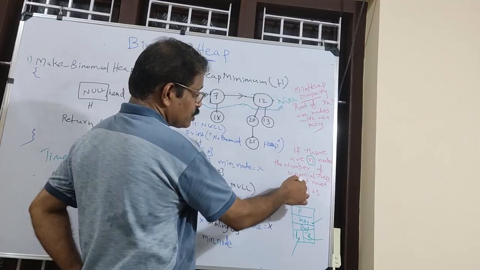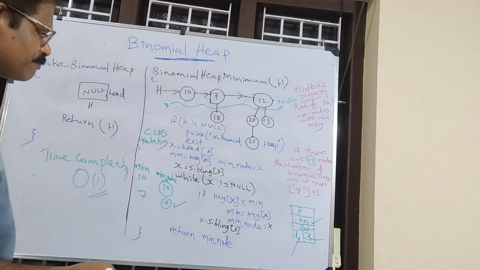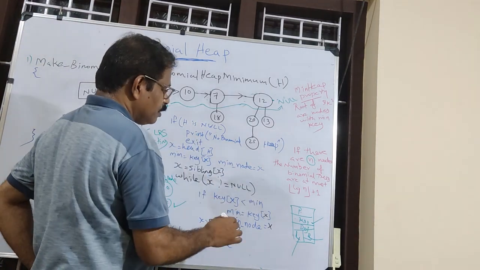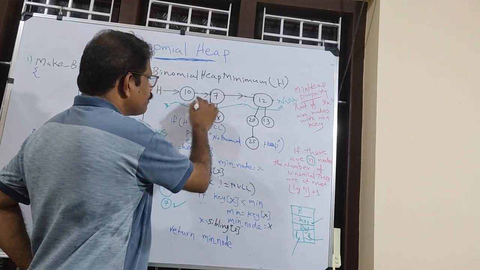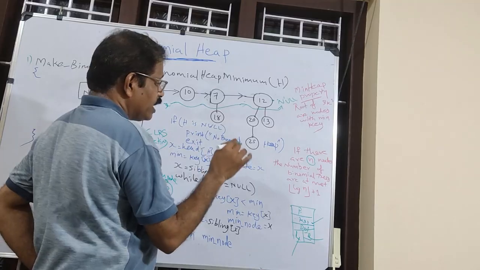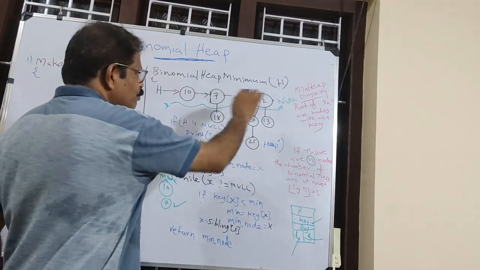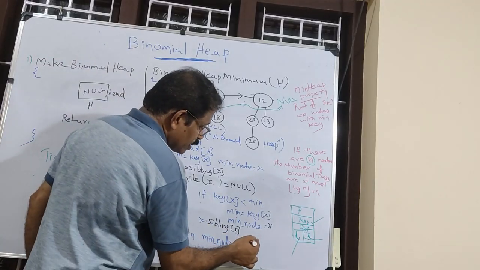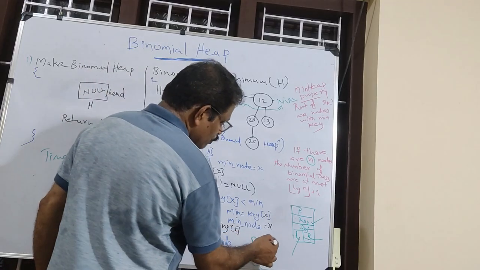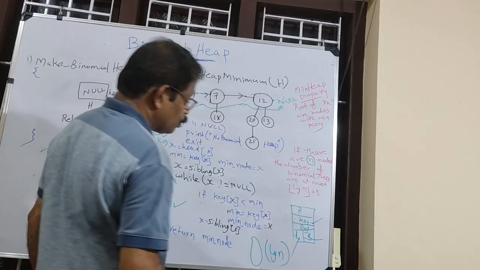This is the maximum number of binomial trees you can expect. So the complexity will be big O(log n), that is we will be traversing all the roots.